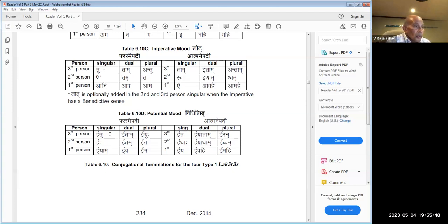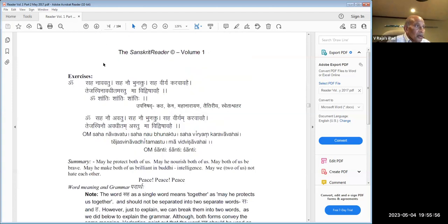And then these two examples, we went through that. Let me go to that example. Saha nau avatu. Avatu is the verb here, and the root is av, first gana.